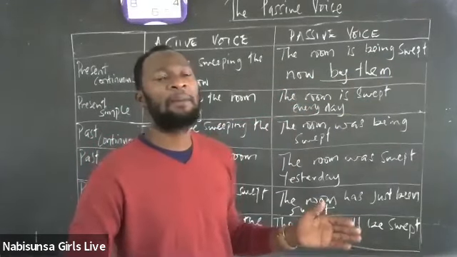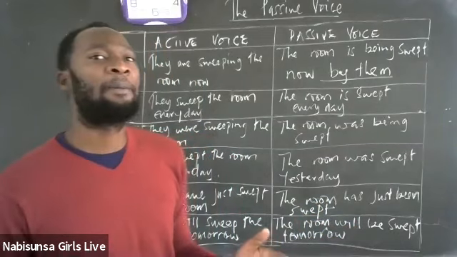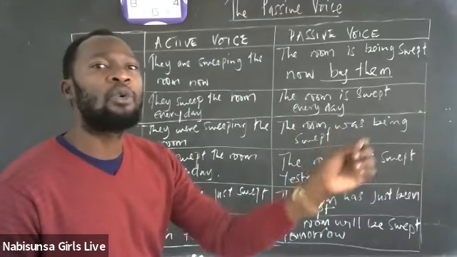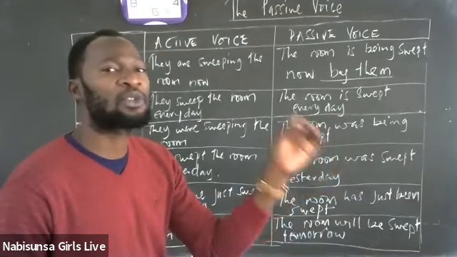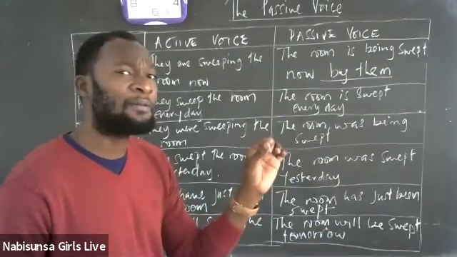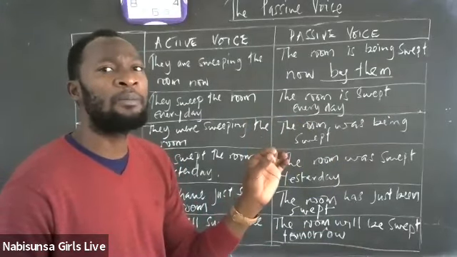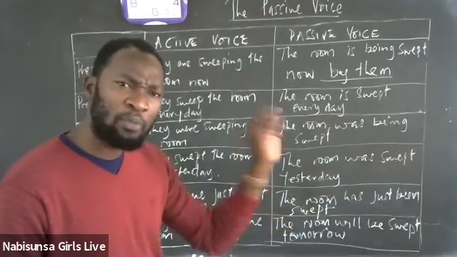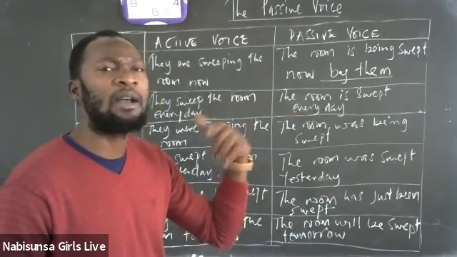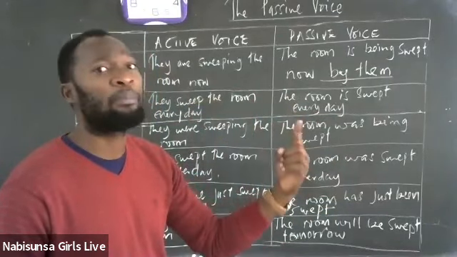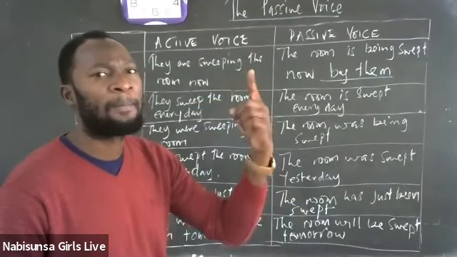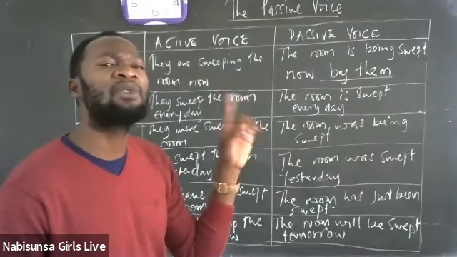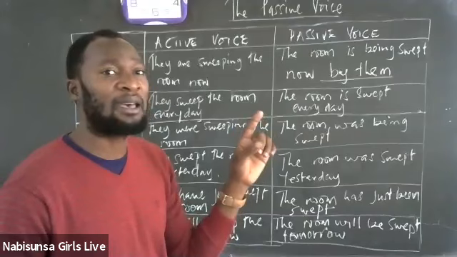For example, if somebody says, the girls are sweeping the room now, in the passive voice, it is going to be, the room is being swept, all right? The people who are sweeping the room, the ones taking on the action, are not so important in the passive voice. However, if you use it and say the room is being swept by the girls, it's okay.